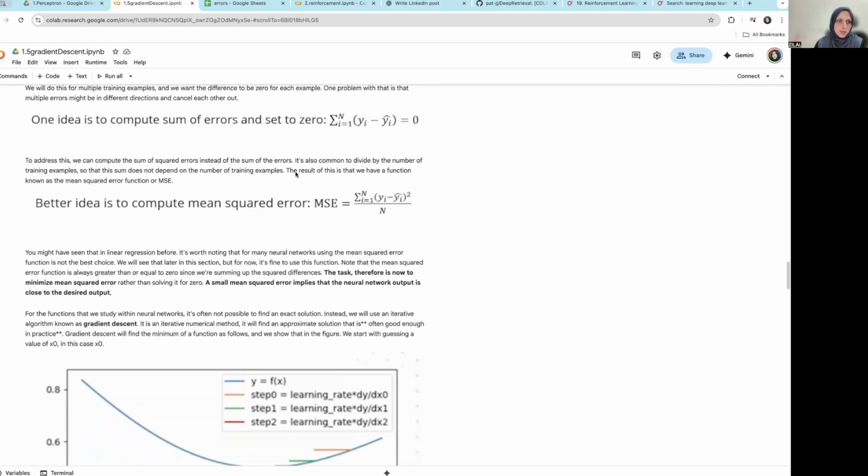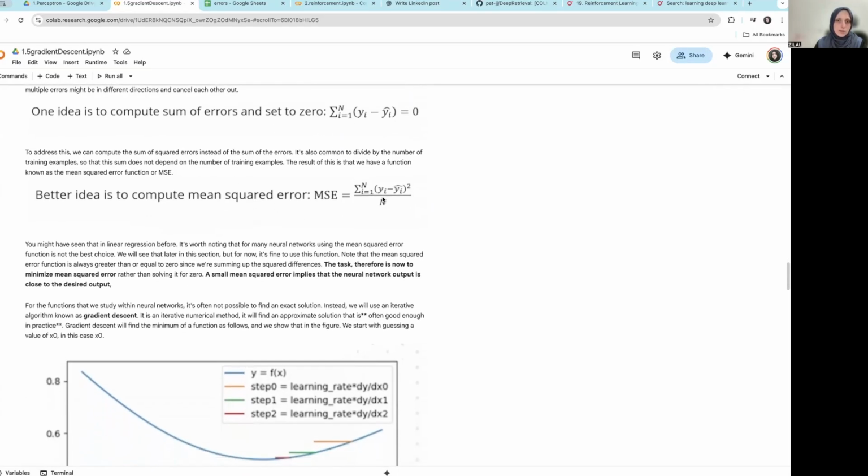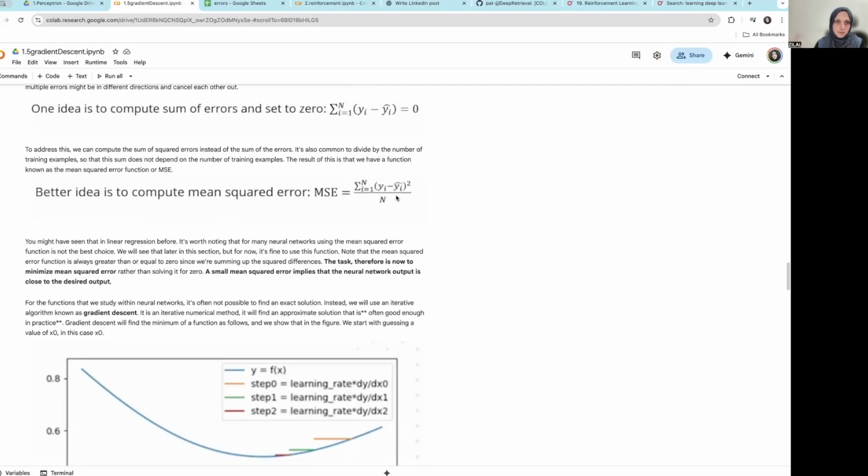To address this, we can compute the sum squared errors. So we take the square instead of just the difference between y and y hat for each point. It is also common to divide by the number of training examples so that the sum does not depend on the number of training examples.